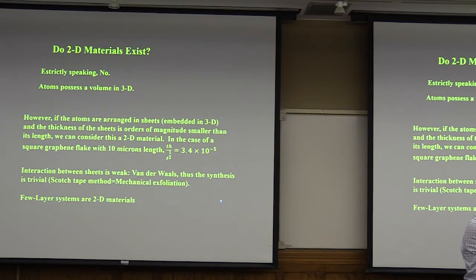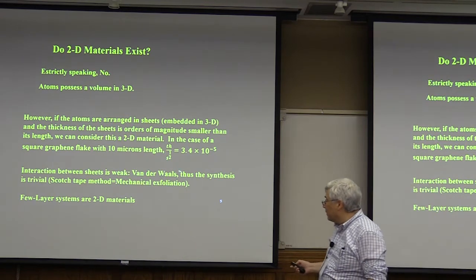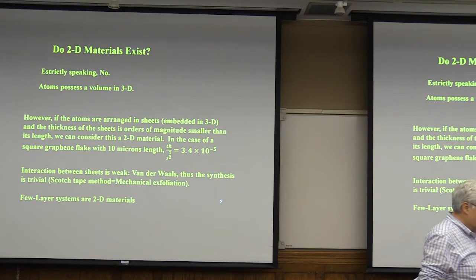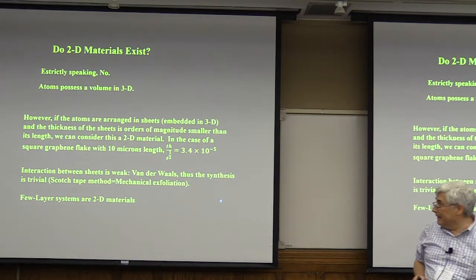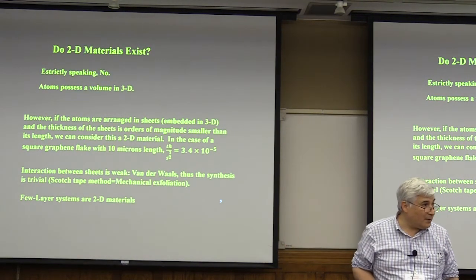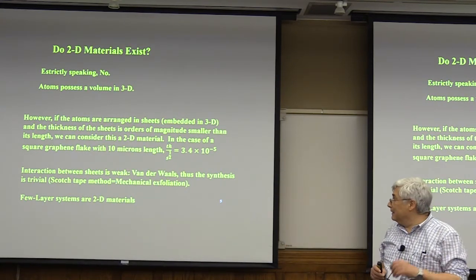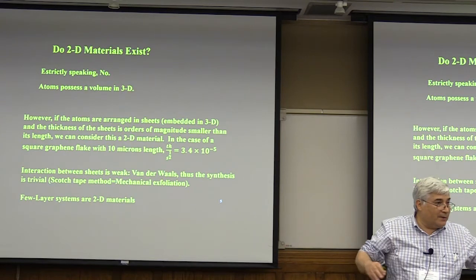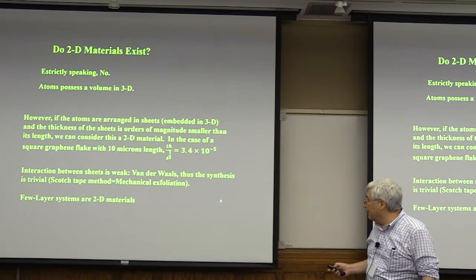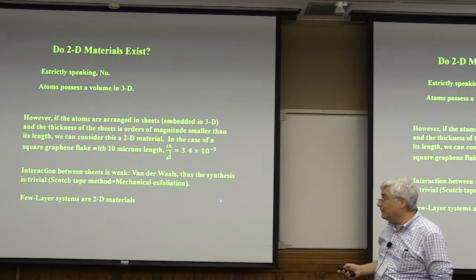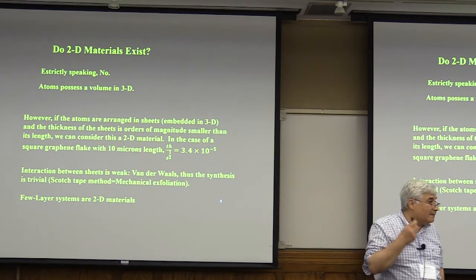And this weak interaction, for historical reasons, is called the van der Waals interaction, which is very complex and difficult to really implement from first principles. So if the sheets are very big compared with the thickness, and the interaction is of van der Waals type, then you can have a 2D material.